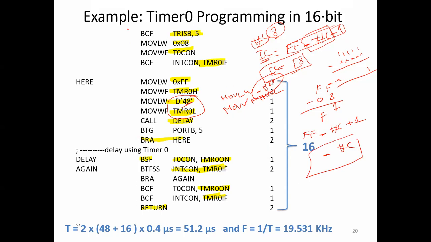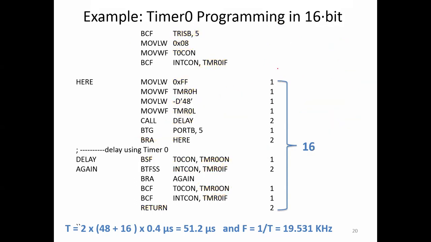If we count all the cycles of these instructions, you can see that these instructions will take 16 cycles. When you start your timer, this will generate 48 cycles.